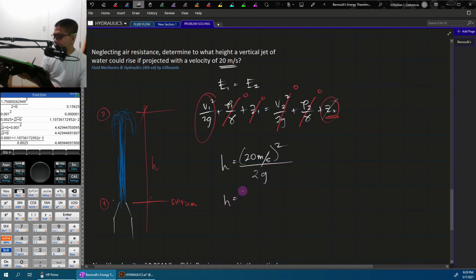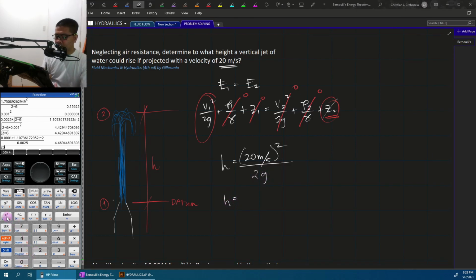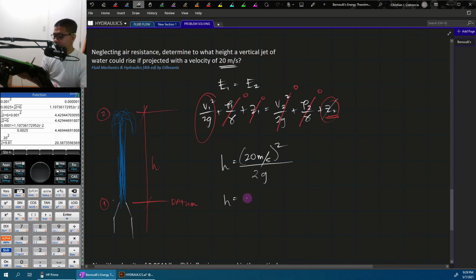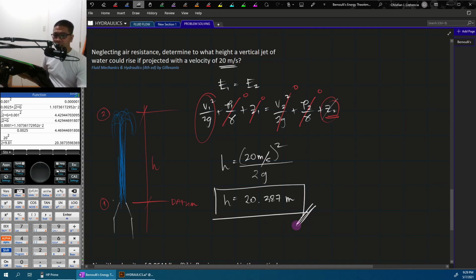So, yung height is 20 squared divided by 2 times 9.81. So, yung height is 20.387 meter. Okay, so madali lang. So, I hope nasundan natin.